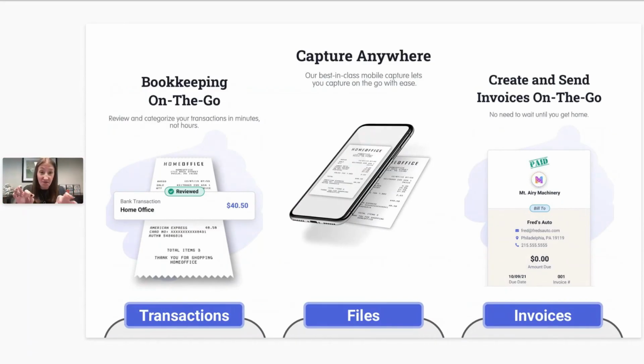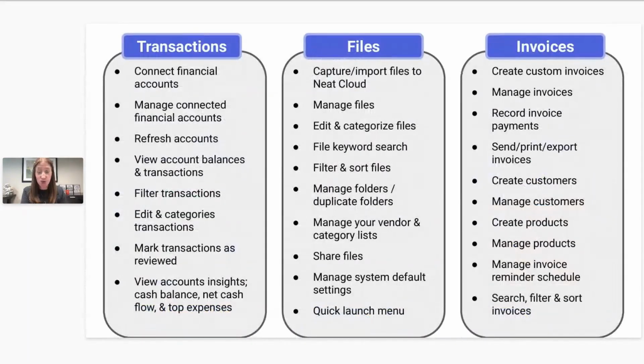Now, Neat features can be bucketed up into these three main features that I've laid out for you here. They are transactions features, files features, and invoices features. And on our next slide here, you will see all of the features and functionality that is available for each of these different sets of features in Neat within the mobile app already. So you can see there's a ton of functionality here already.